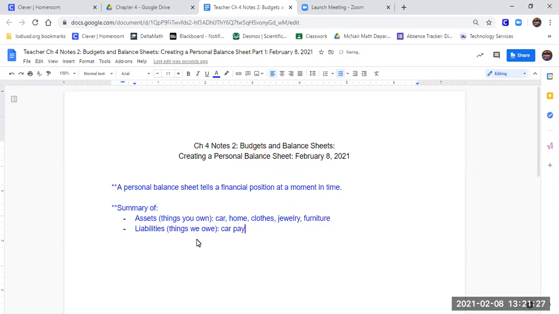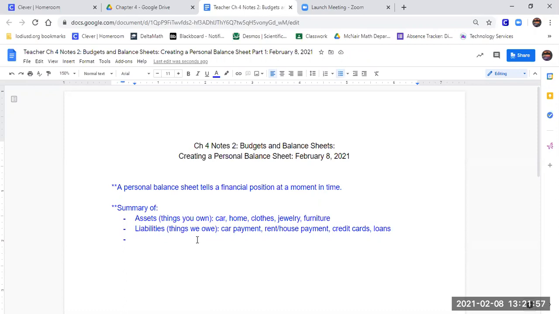Car payment, yes. Rent or house payment. Credit cards, yes, exactly. And loans for various things. We clear on that? Because we've already kind of talked about some of this stuff.